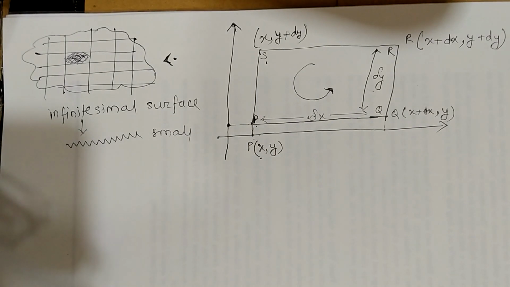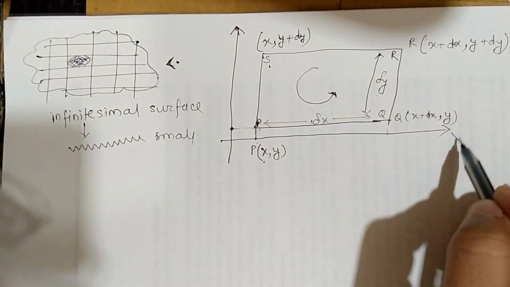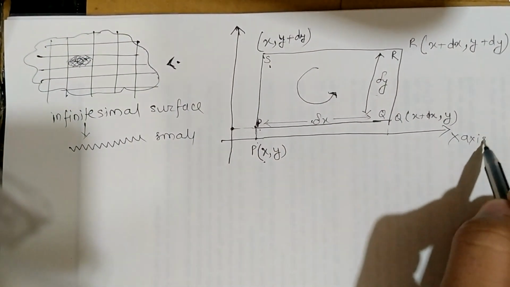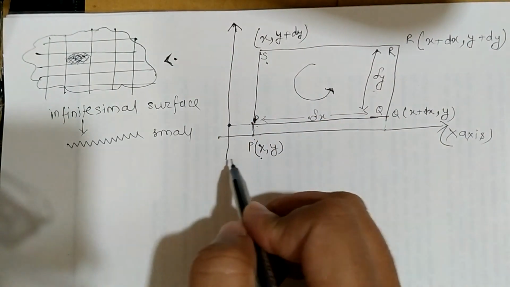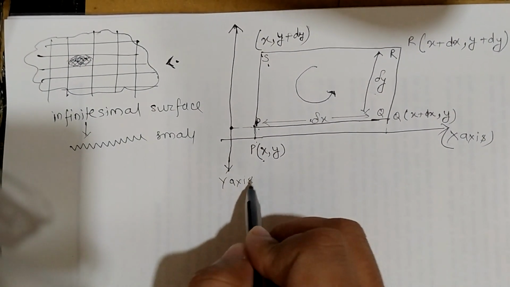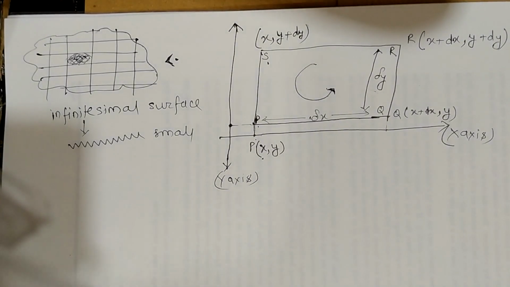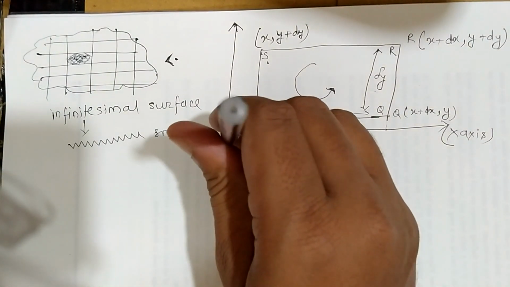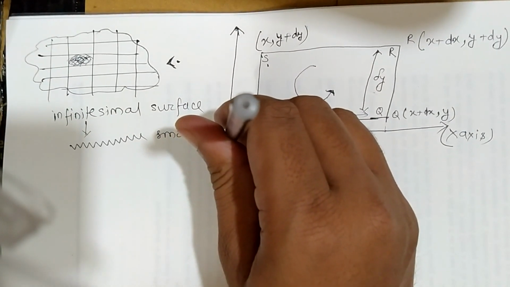So now we can say this will be the x axis, and this will be the y axis, and the z axis will be perpendicular to this plane.